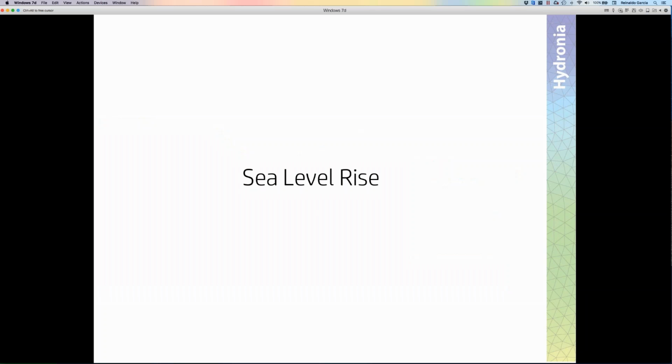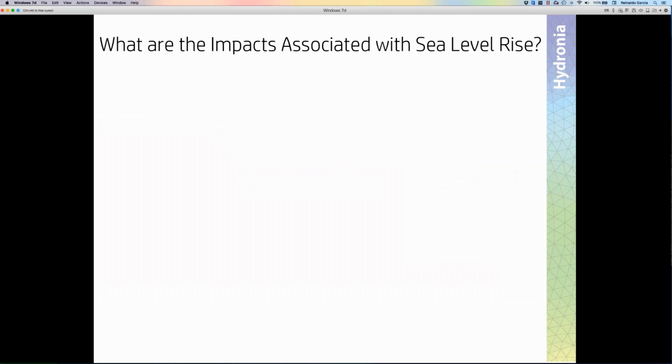First, sea level rise. I'm not getting into why it's happening. It's just a fact that it's happening in many parts of the world. It's been measured and demonstrated, so it is a fact that is already impacting several areas.